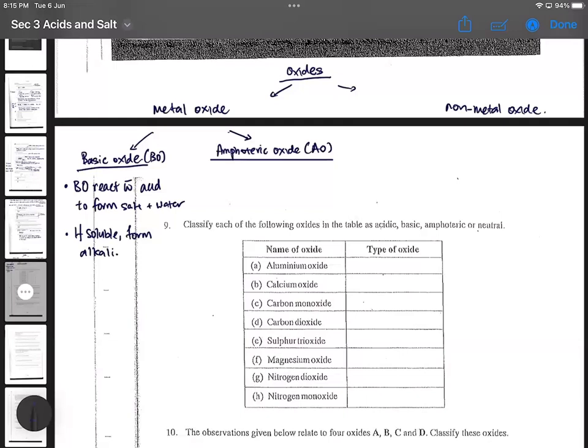Ashton, what do you expect it to react with? Since it's a metal oxide, you look at basic oxides. Basic oxides are metal oxides also, right?